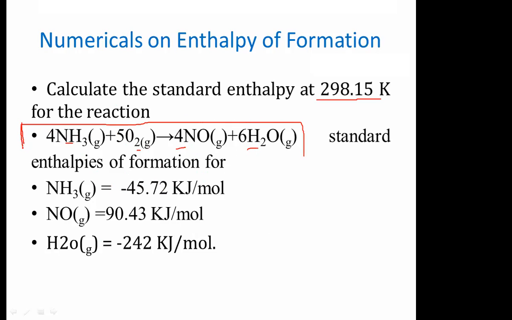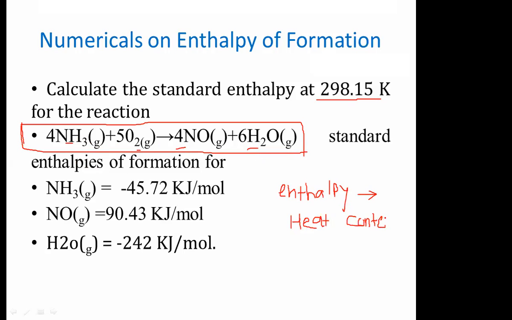Remember that enthalpy is nothing but heat content in the constituent. Enthalpy and heat content, both words are the same. So enthalpy means heat content in the substance.